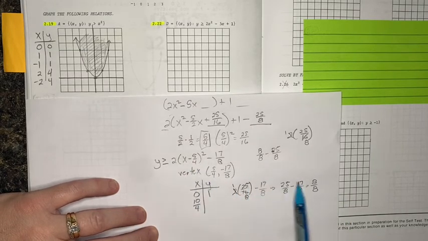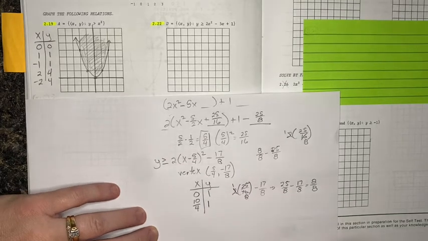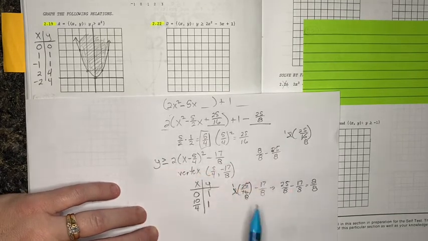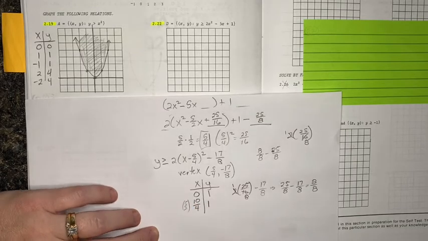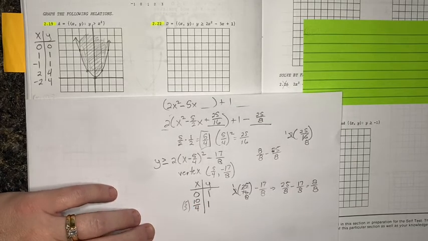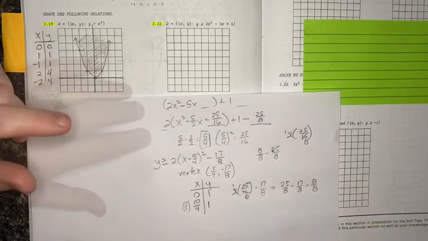So all of this is still the same. So my answer still comes out to be 1. It's not a magic way. It's kind of still messy because 10/4 or 5 halves is not going to be clean to graph, right?